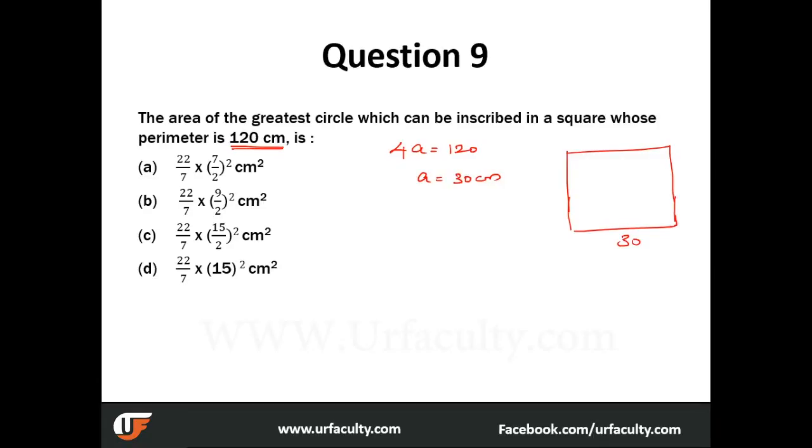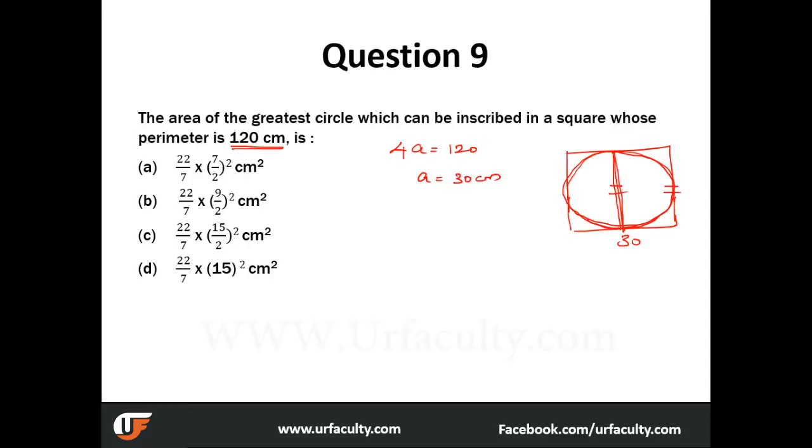The area of the greatest circle which can be inscribed in a square. The greatest circle will touch all the sides. So it means if I draw a line like this, the diameter of the circle will actually be equal to the side of the square.